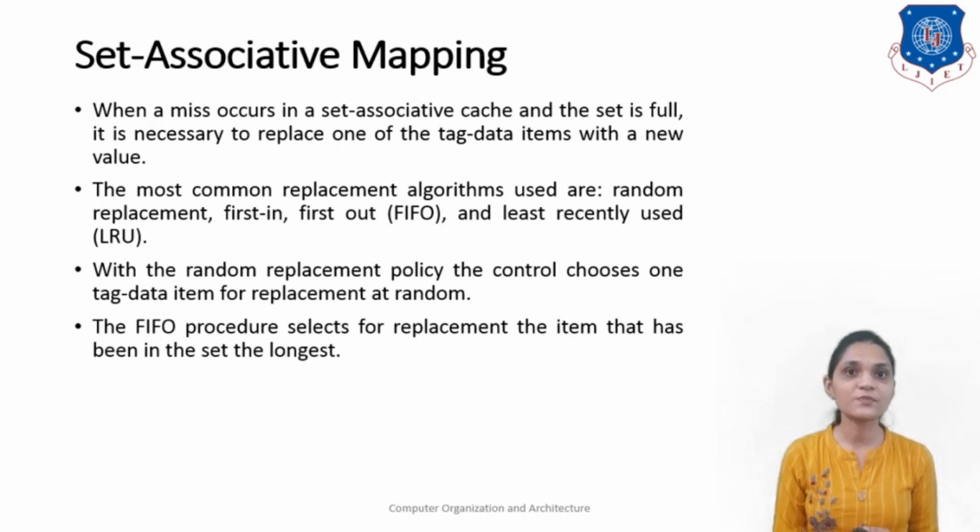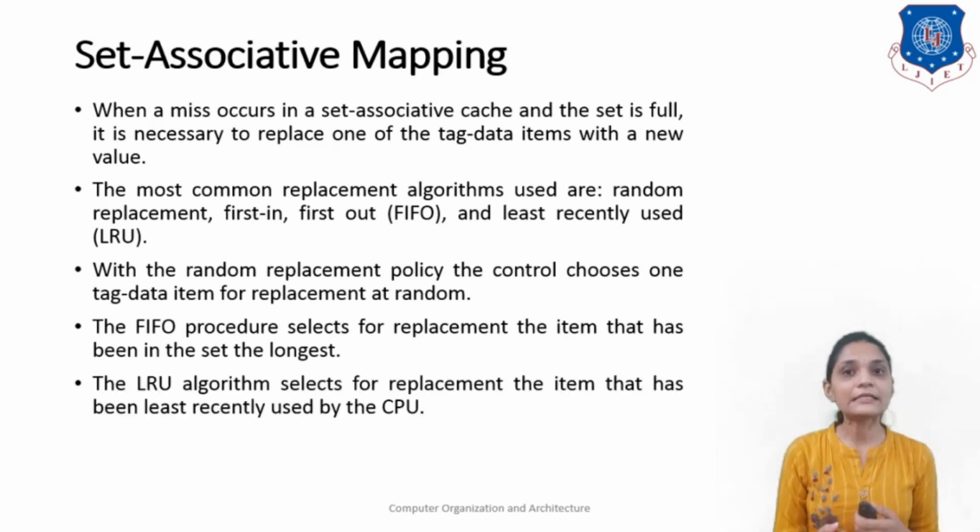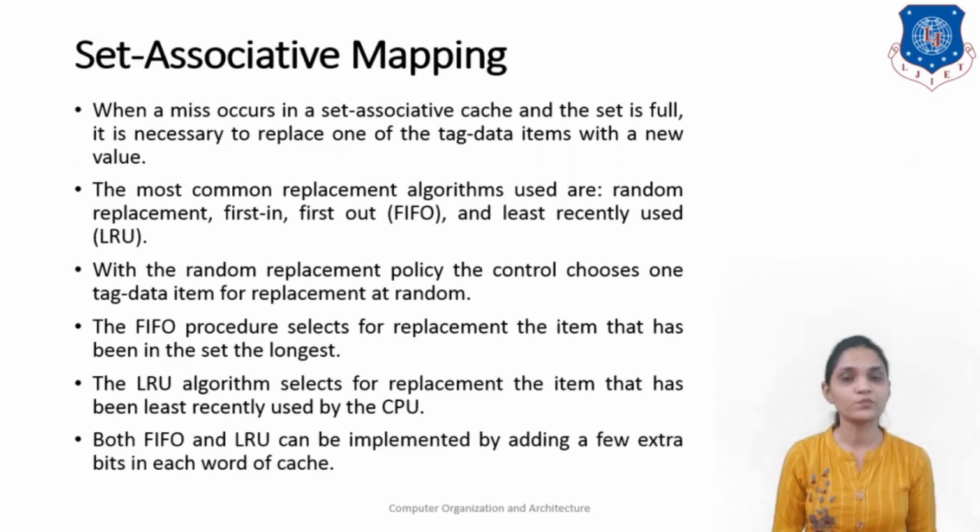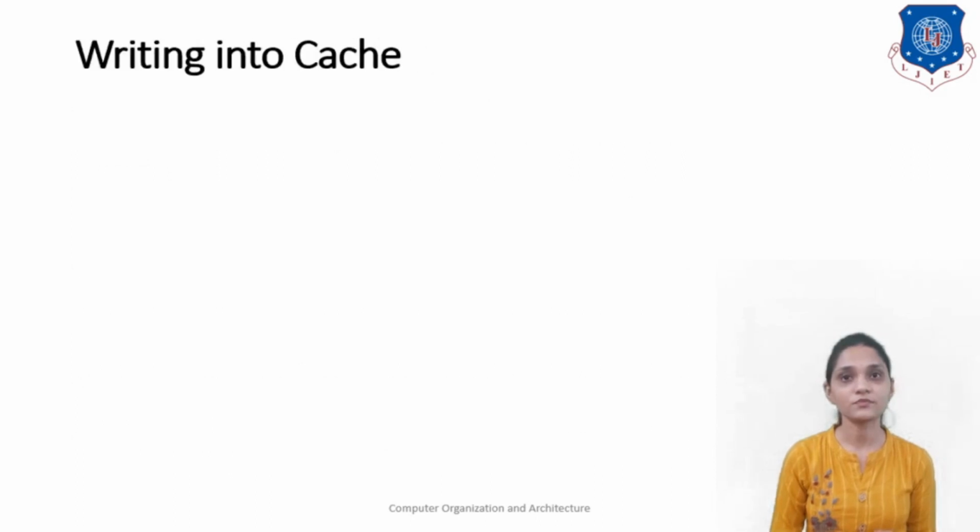In FIFO replacement, it selects for replacement the item that has been in the set the longest. And the LRU algorithm selects for replacement the item that has been least recently used by the CPU. Both FIFO and LRU can be implemented by adding a few extra bits in each word of the cache. So by this way we can do set associative mapping.